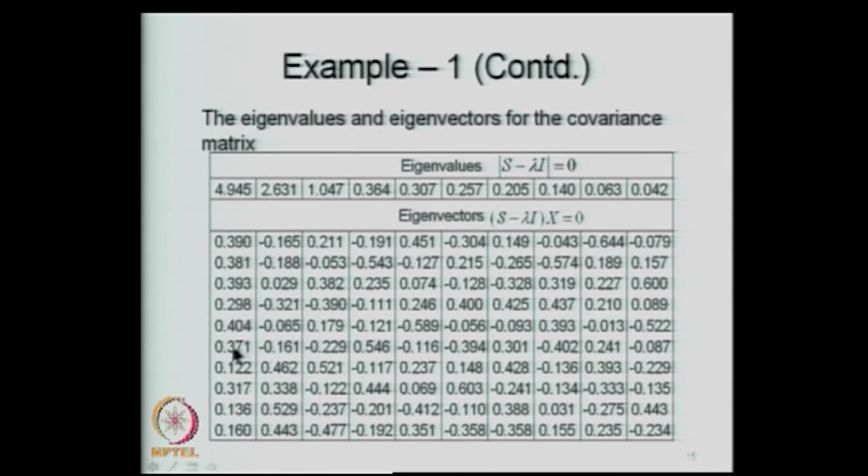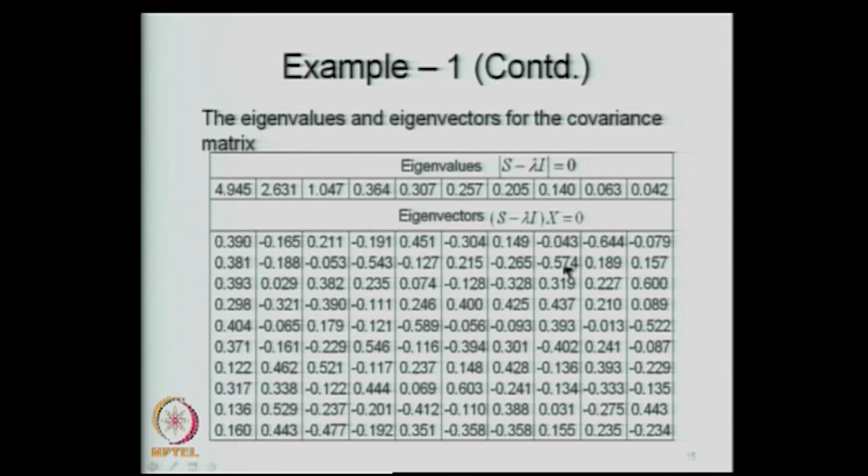This is eigenvector number 1, eigenvector number 2, etcetera. This eigenvector is associated with lambda 1, this eigenvector is associated with the eigenvalue lambda 2 and so on. So, associated with each eigenvector there is an eigenvalue. As I mentioned, they come in pairs: there is an eigenvalue and there is an associated eigenvector.